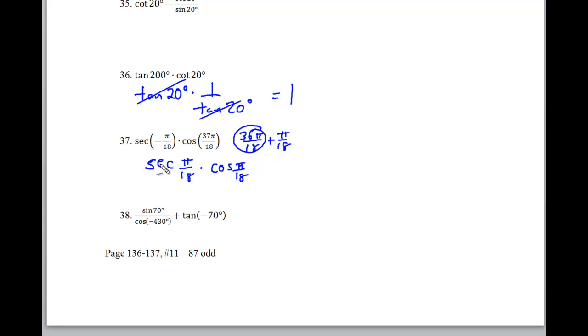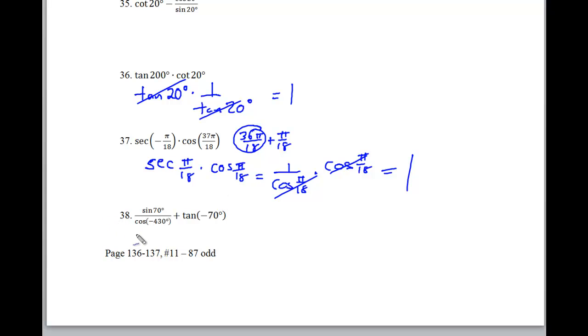Now secant is just another way of writing 1 over cosine. So if the secant is 1 over cosine of pi over 18, times cosine of pi over 18, we have 1, because that simplifies.